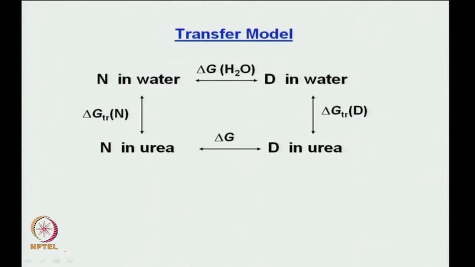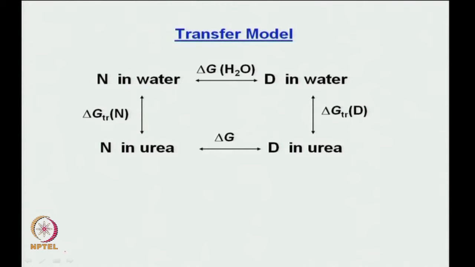Now, also this native state in water can go to D in water only. If N in water is going to D in water, then that free energy change is what? Delta G H2O, because it is only in water. That is the intercept you are getting, remember. Then N in water goes to N in urea, that is delta G transfer of the native state. That is why it is called delta G transfer in brackets N.